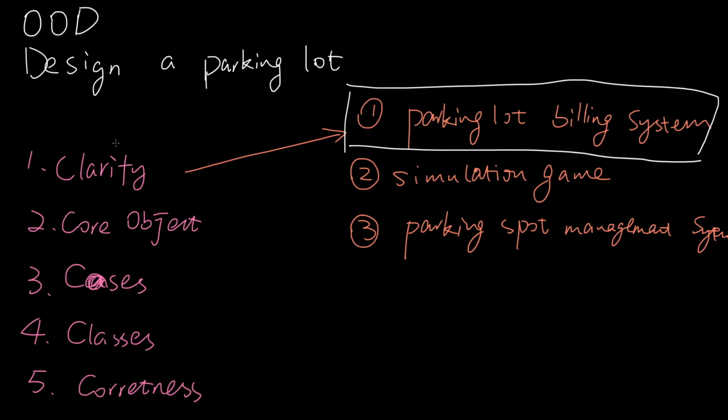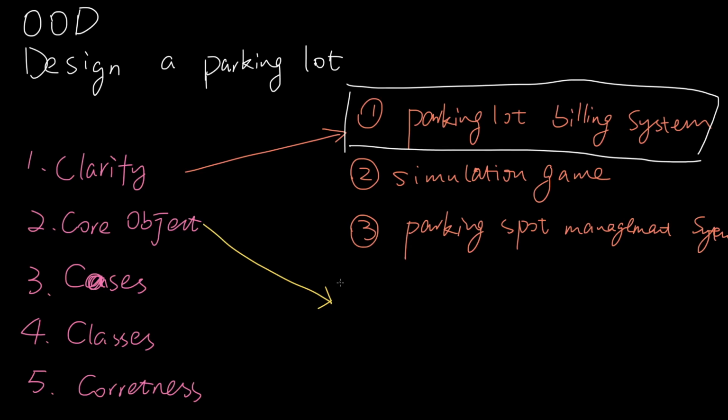Now we are clear with the direction we want to go. We can talk about some more detailed questions here. For the parking lot billing system, I think in the real world we're normally dealing with tickets.